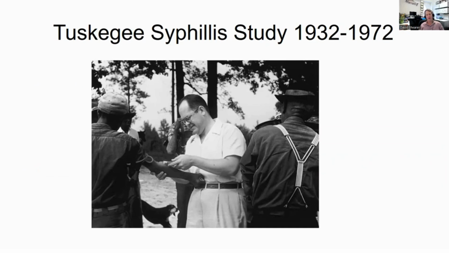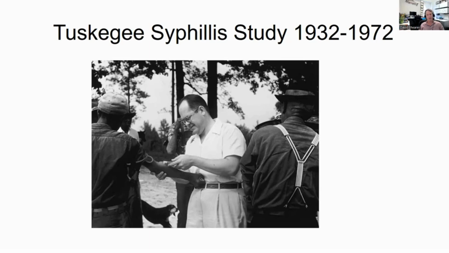But it's something I think everyone should know about, because it's a powerful example of research gone bad. This study went on over 40 years. It took place in a predominantly African-American part of the United States.